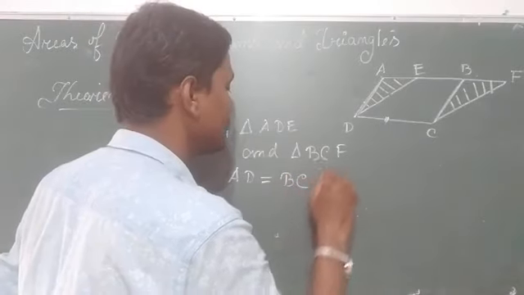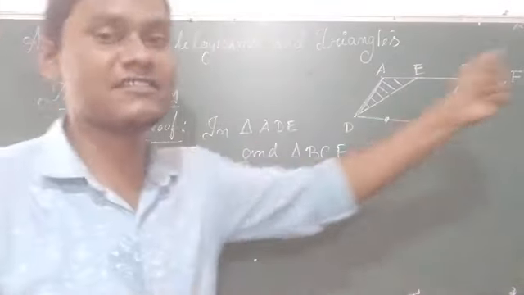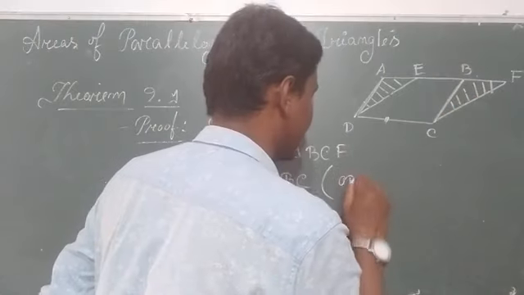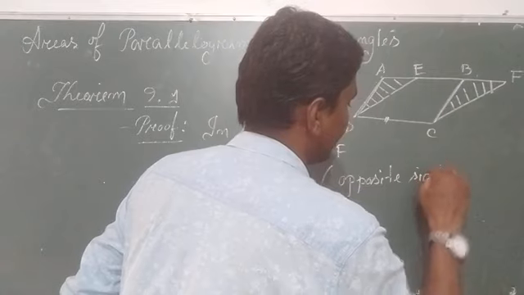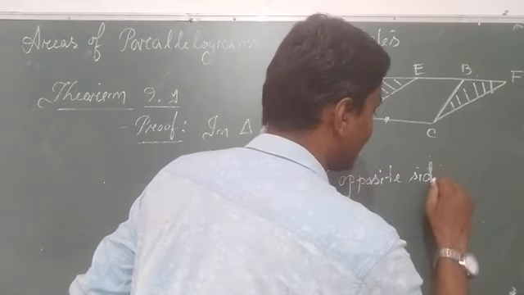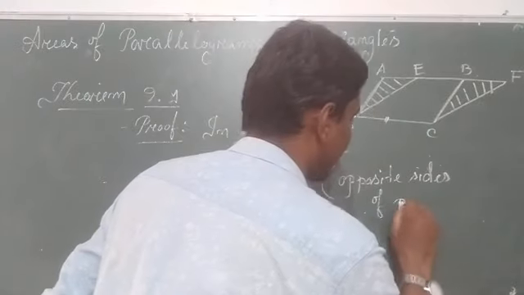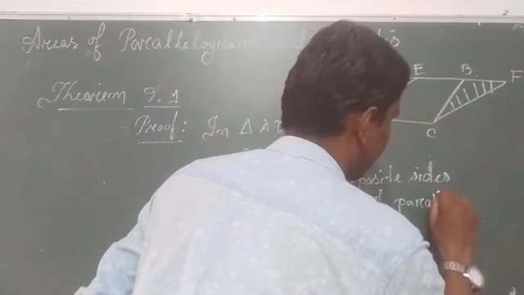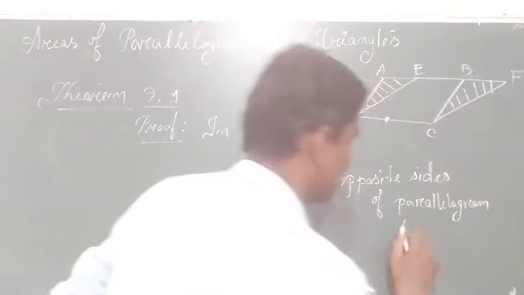Why is AD equal to BC? I have to write the reason also. Why is it equal? Opposite sides of parallelogram ABCD.